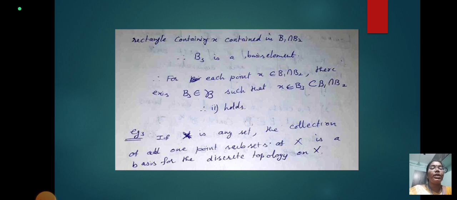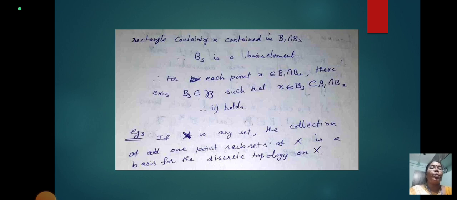Next, example 3. If capital X is a set, the collection of all one-point subsets of X is a basis for the discrete topology. Already we defined the discrete topology, the collection of all possible subsets of X, which means if we collect tau as a collection of all possible subsets of X, it must be a topology on X, which is called the discrete topology.